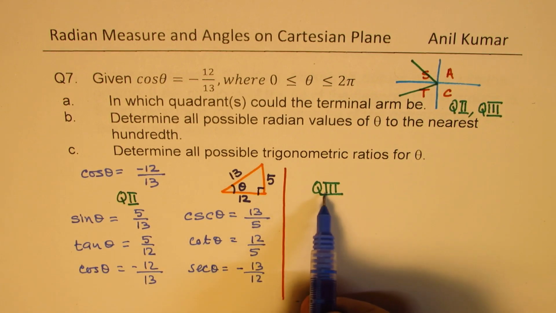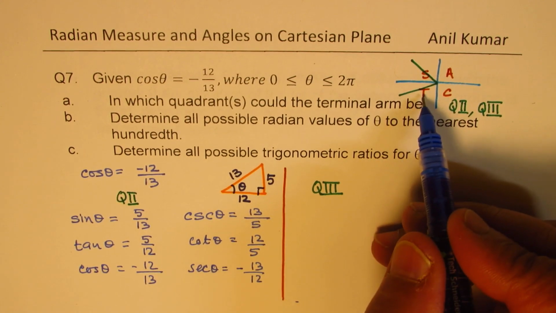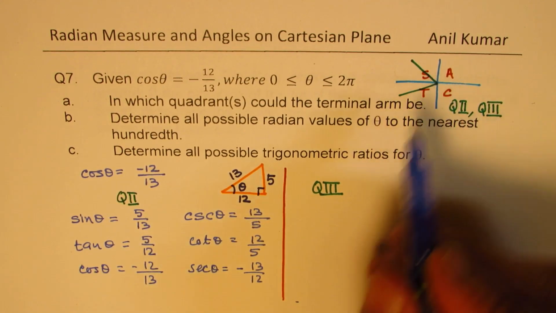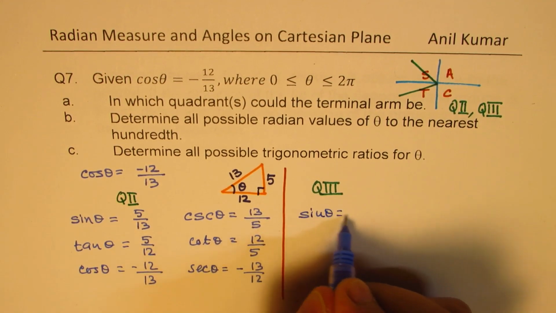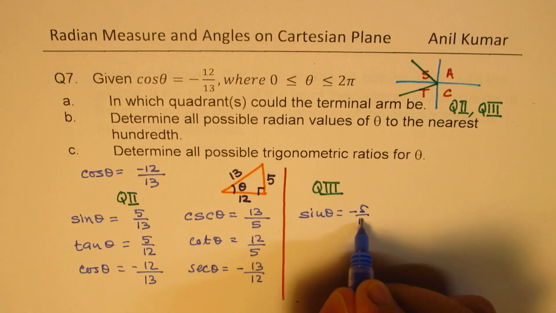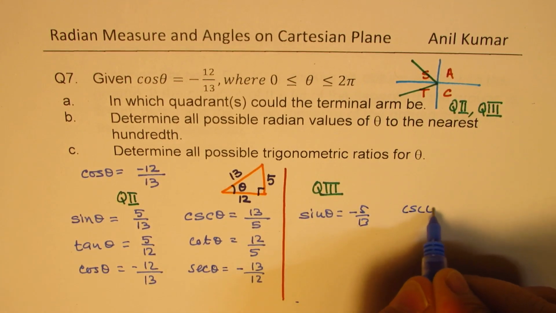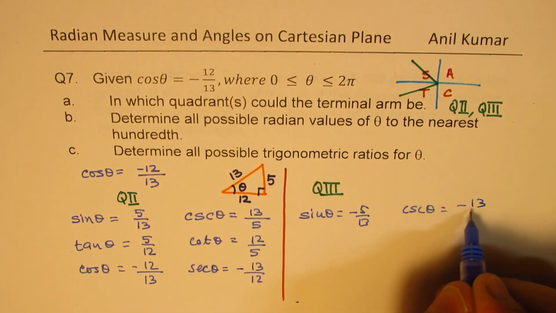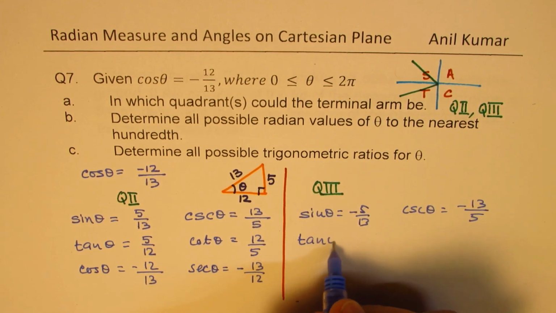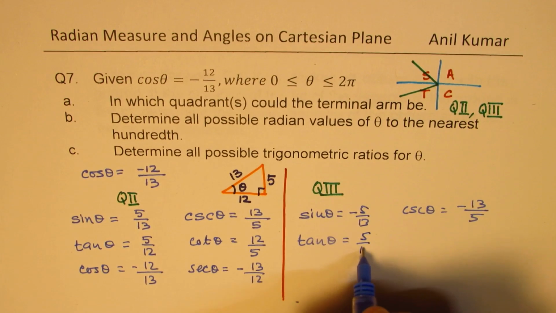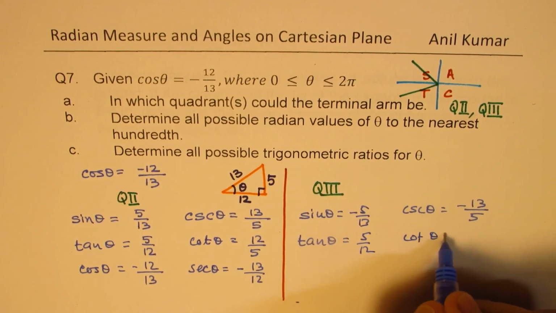If we are working in quadrant 3, then tan becomes positive, sine becomes negative. That is the only difference. So in this quadrant, we have sine theta equals negative 5 over 13. Cosecant theta will also be negative. It will be negative 13 over 5. Tan theta and cotangent theta will be positive values, correct? Right.